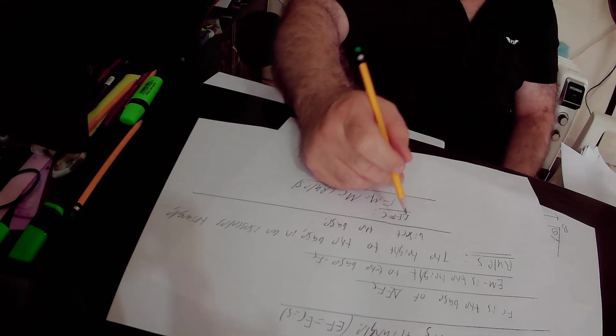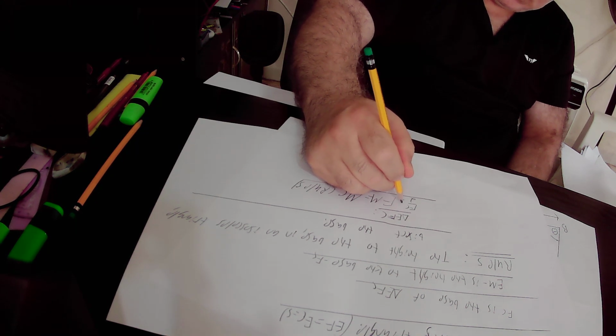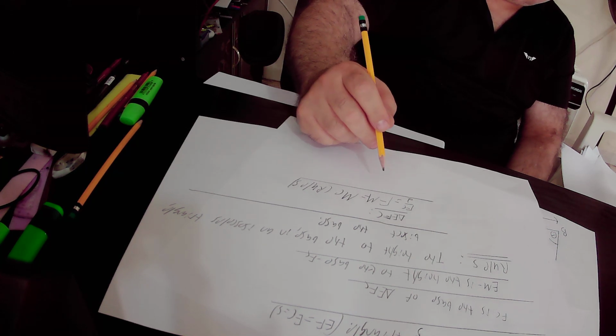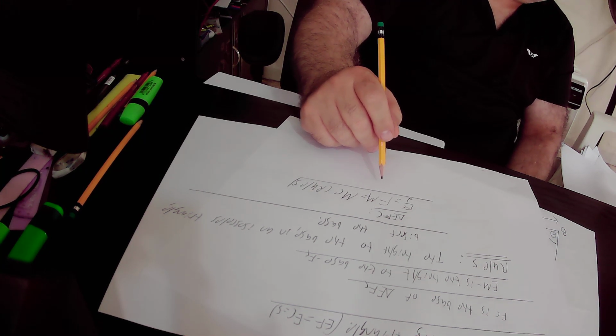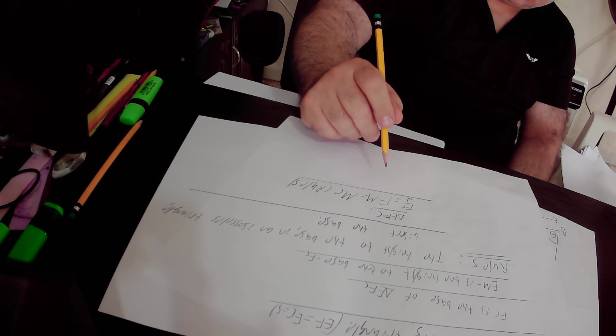So here, FM equals FC over 2 and MC equals FC over 2. Why? Because the height EM bisects the base FC. It means that it divides it into two halves, and each half equals FC over 2.